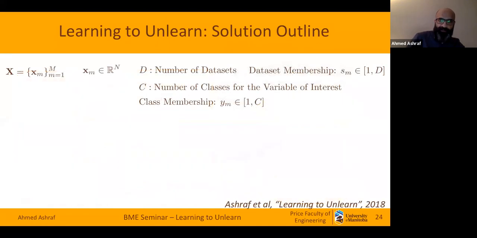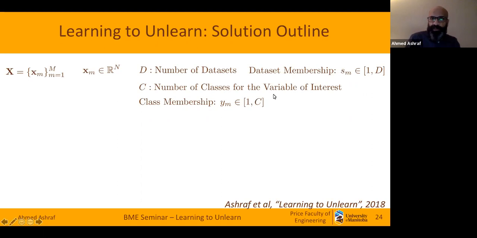So let's define some notation very quickly. Let's suppose we have got data points from multiple datasets. Each data point x sub m is represented by n numbers, so it's in an n-dimensional space. We have got d datasets. Maybe we can use the letter S to represent the dataset membership, and that's just a number between 1 and d because there are d datasets.